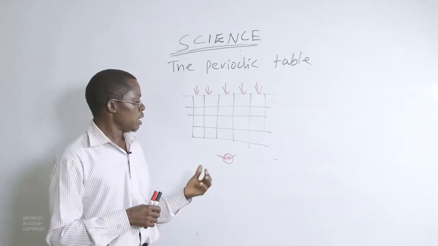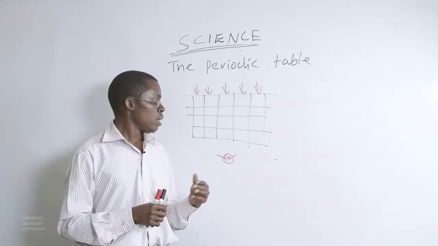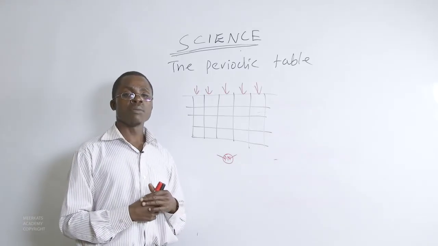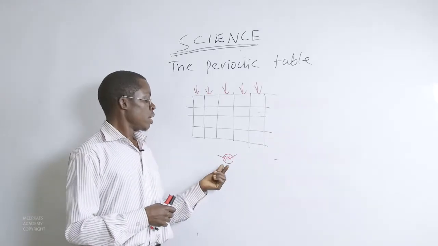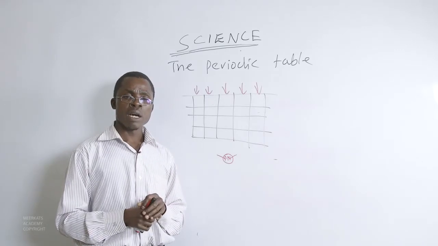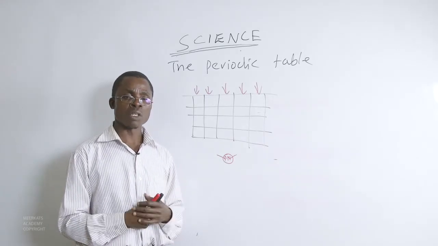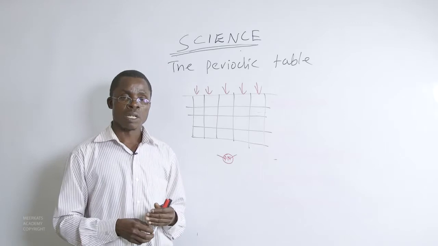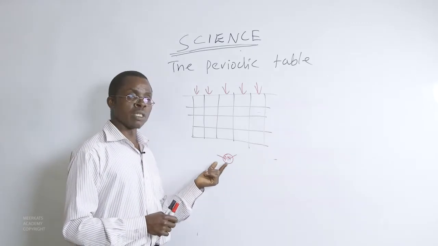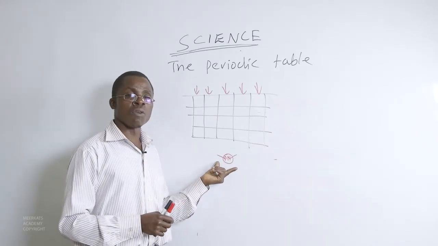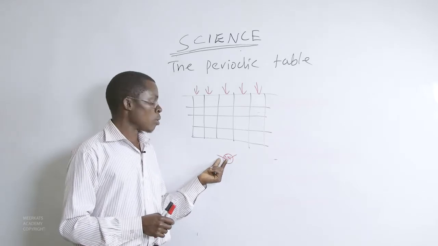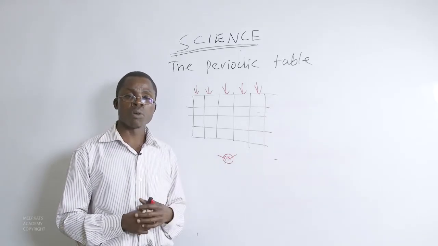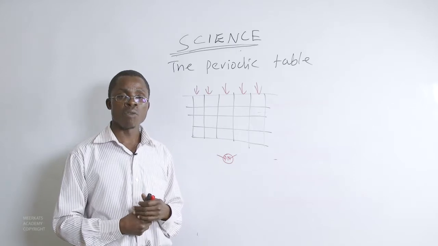So in 1932, a scientist by the name James Chadwick discovered another subatomic particle, which is a neutron, and it is normally found in the center of an atom. So the proton and neutron are responsible for the mass of an atom.